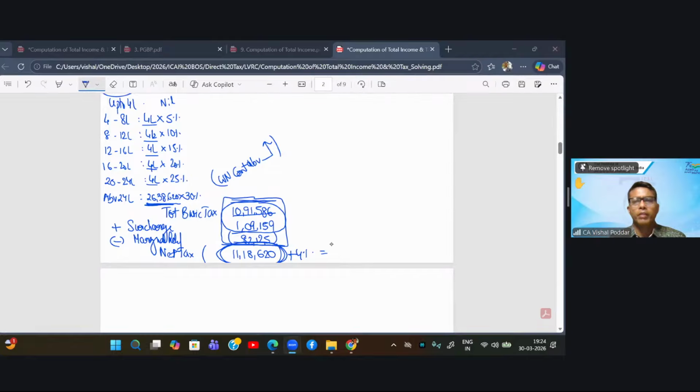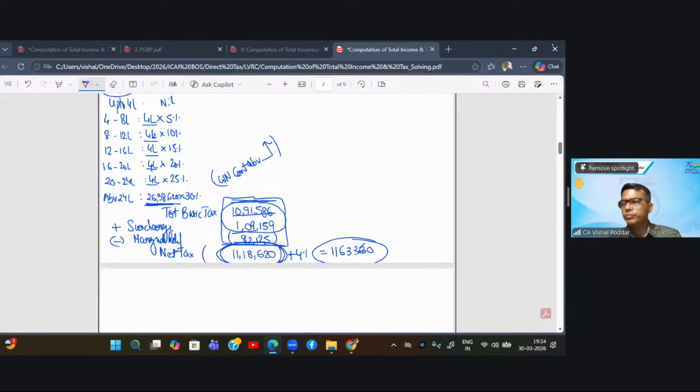So adding 4%, 1163, correct? Rounded to nearest 10 rupees. 360 you are saying. So it is 360. Okay. Is this fine, students? Clear? Anybody, any questions or doubts?